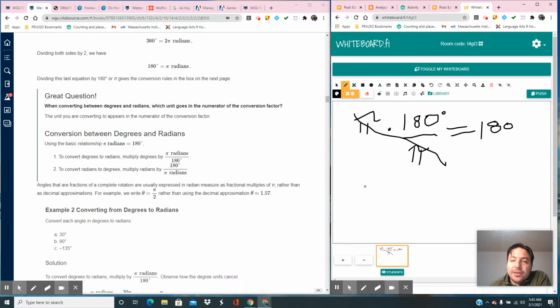If I had one radian instead of having pi radians, and I multiplied that by 180 degrees over pi, then to get the degrees I'd have to actually do that calculation, but it would still be accurate.